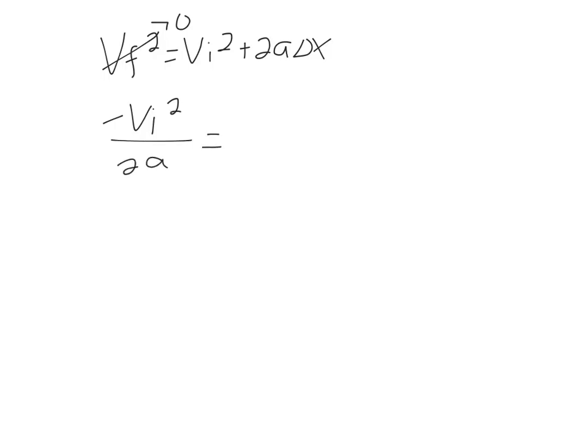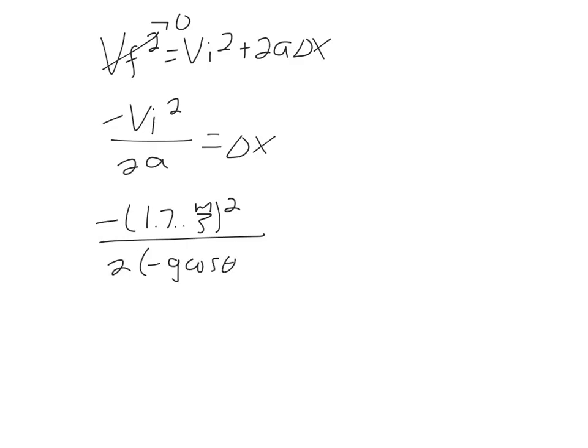So let's use the no time equation. We don't have time, we don't need it. So V final squared equals V initial squared plus 2a delta x. The two blocks together come to rest at the top of the incline. So negative VI squared over 2A is going to give me my delta X. Negative 1.7, keeps on going, meters per second squared, over 2 times negative G cosine theta equals delta X. The negatives cancel out, we're left with a positive.